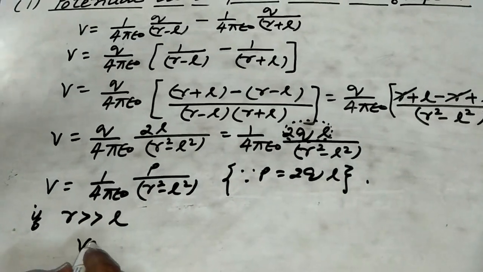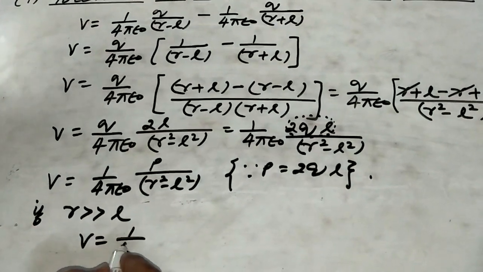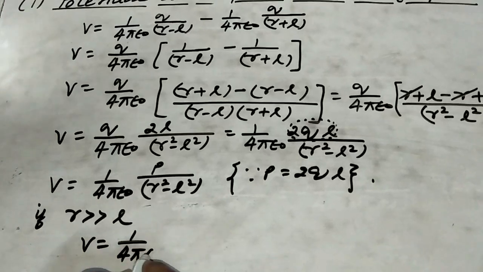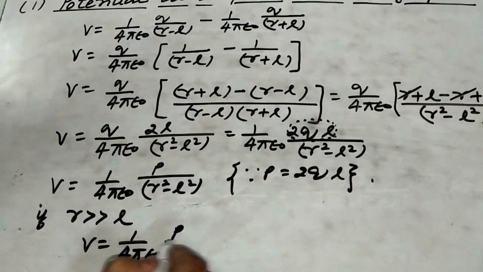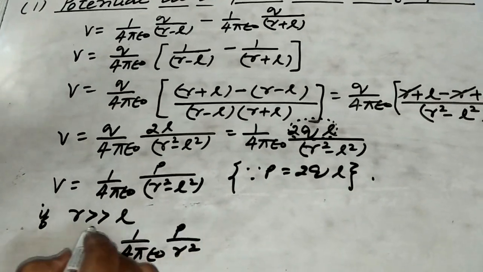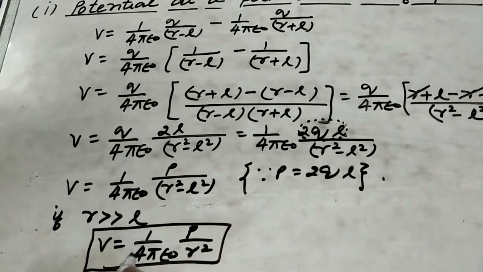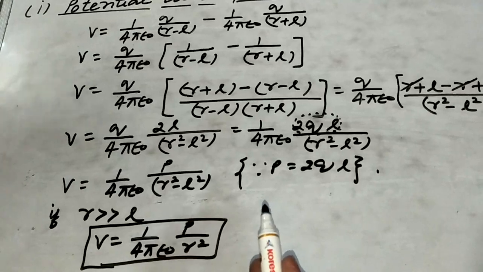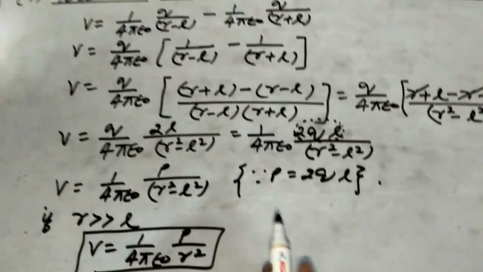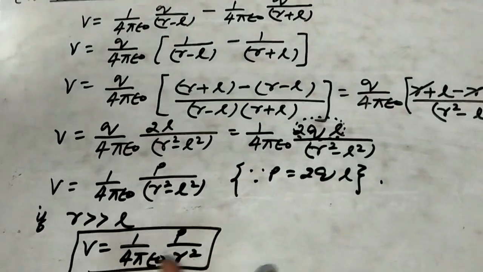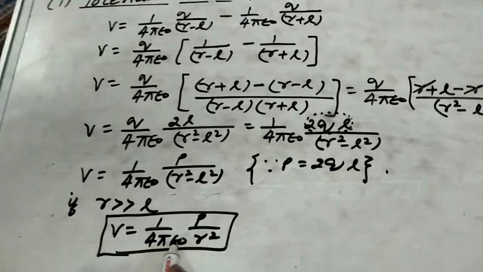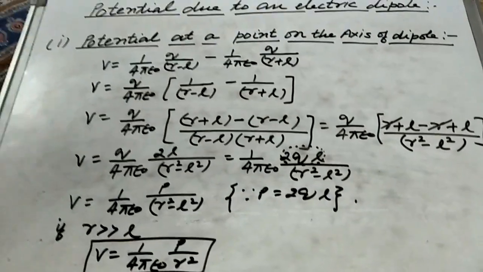Then V is equal to 1 upon 4 pi epsilon naught p upon r square. So this is the expression for the electric potential due to an electric dipole at distance r from O, the center of the dipole. V is equal to 1 upon 4 pi epsilon naught p upon r square.